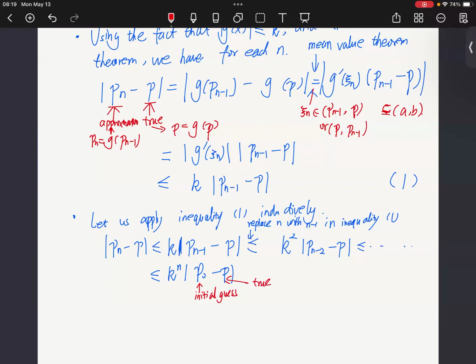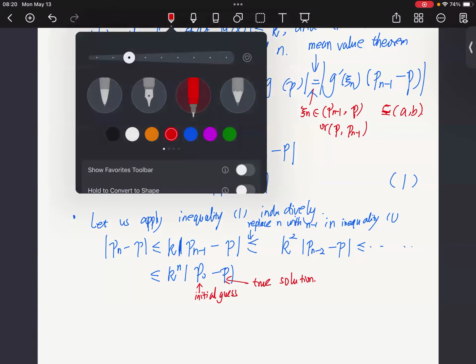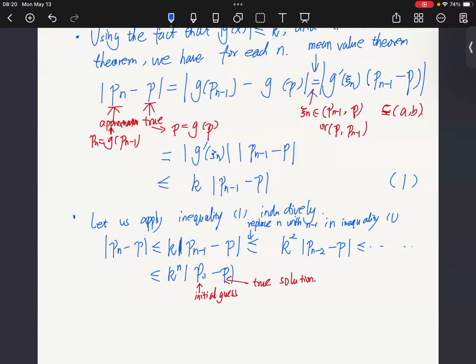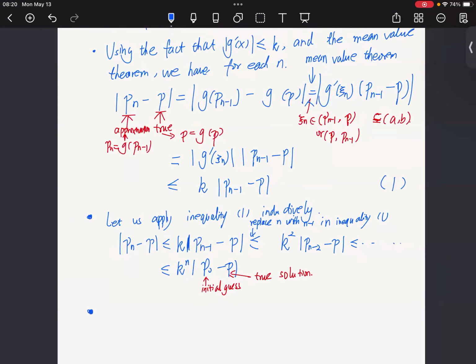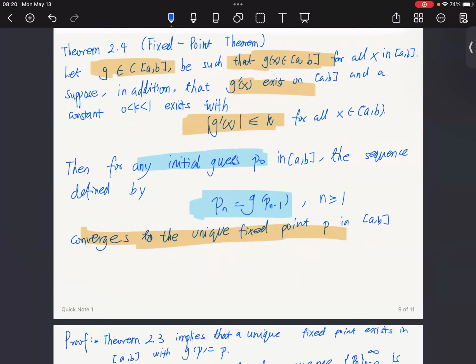So now we already have the convergence result. From the assumptions, we also have a restriction on the K constant.